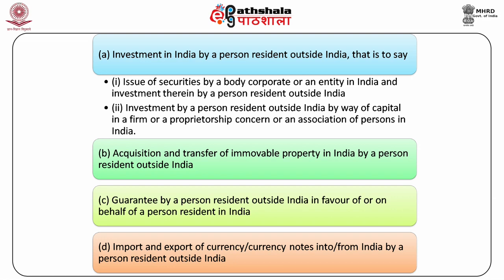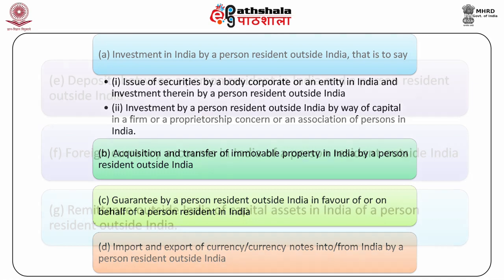B. Acquisition and transfer of immovable property in India by a person resident outside India. C. Guarantee by a person resident outside India in favor of or on behalf of a person resident in India. D. Import and export of currency notes into and from India by a person resident outside India.